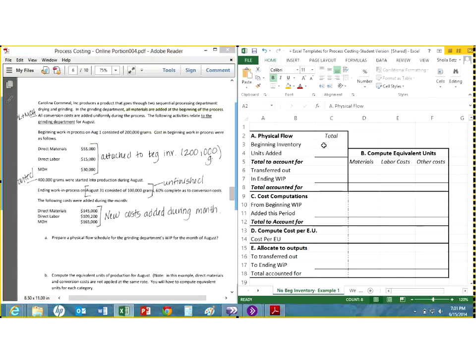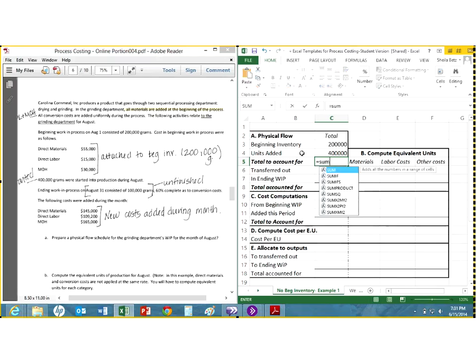So beginning inventory. This physical flow is all in units. We had 200,000 grams to begin with in beginning inventory, and then it says we started 400,000 grams. So the total I need to account for, if I add up the units in beginning inventory and those started, is 600,000 grams.